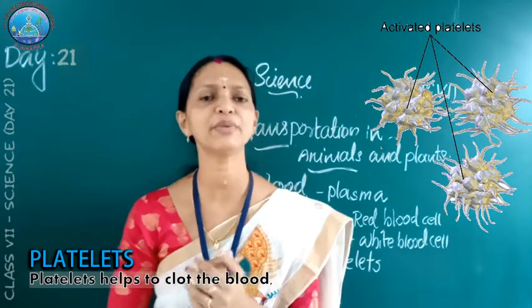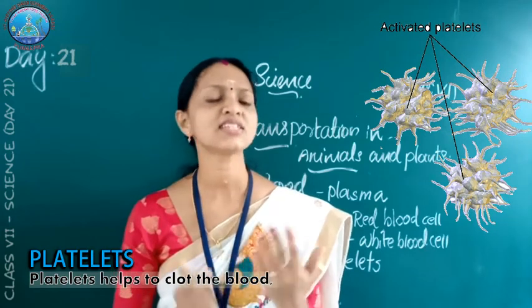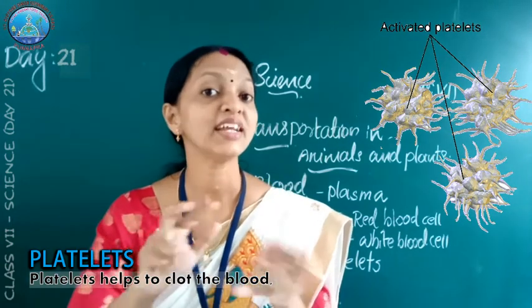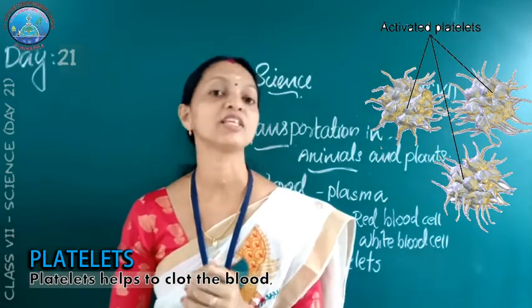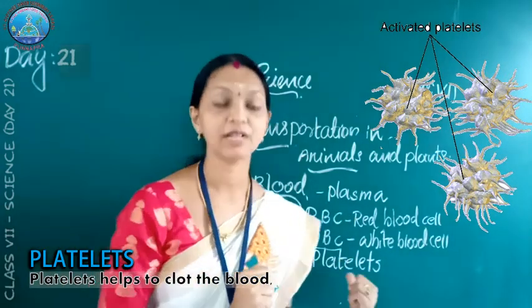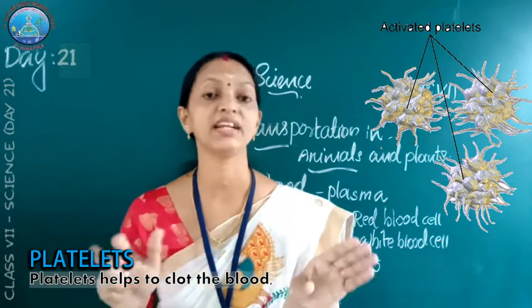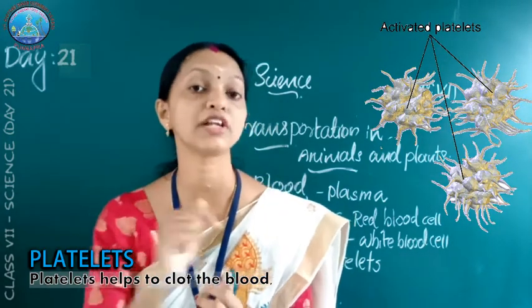But after a few minutes, we can see that the bleeding has stopped because of the presence of the platelets. The platelets prevent the bleeding, and help in the clotting of blood.